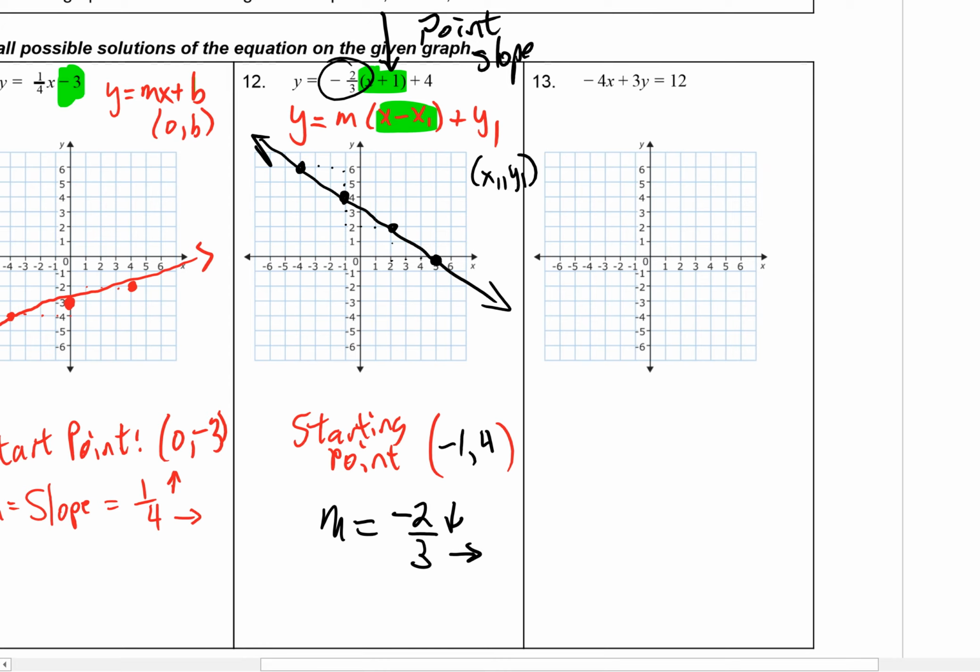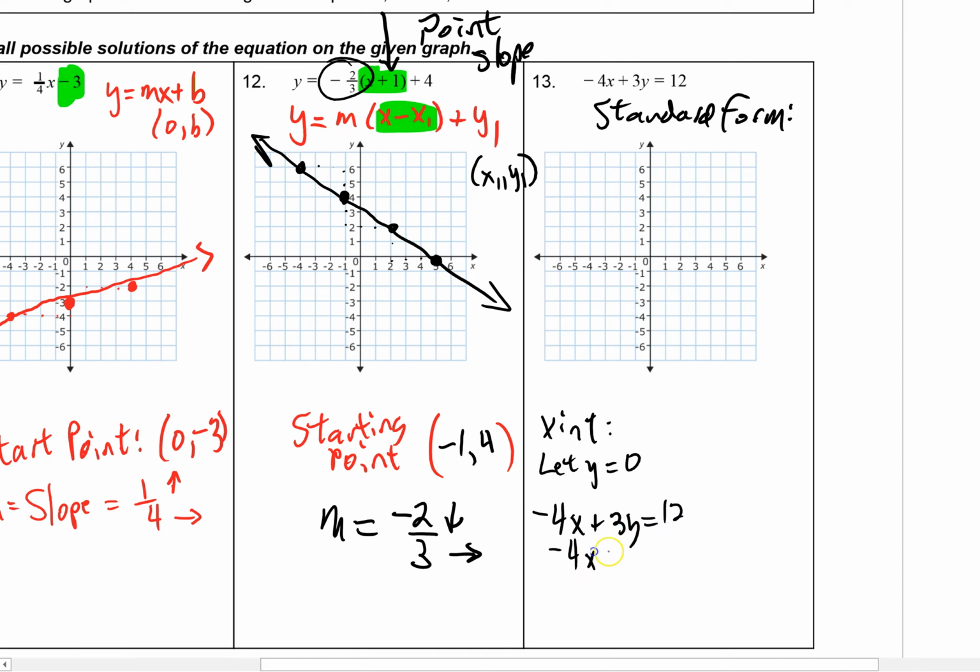For number 13, we're going to need to find our x-intercept and our y-intercept. This is standard form. As we're working in standard form, for our x-intercept, we're going to let y equal 0. So we have negative 4x plus 3y is equal to 12.